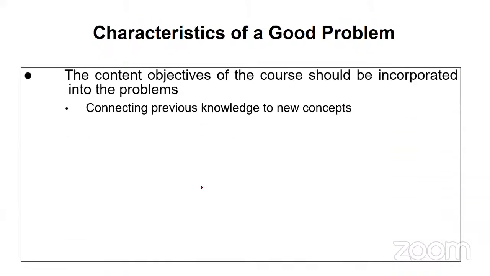Now I will come to the characteristics of a good problem. So what are the main characteristics? The content objectives of the course should be incorporated into the problem. Because ultimately you need to cover some curriculum, some content in your syllabus.